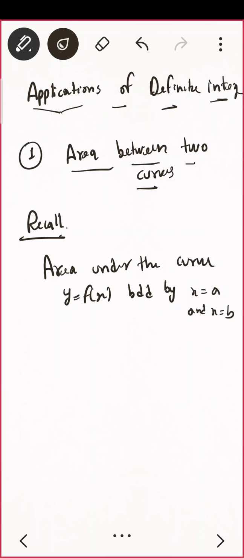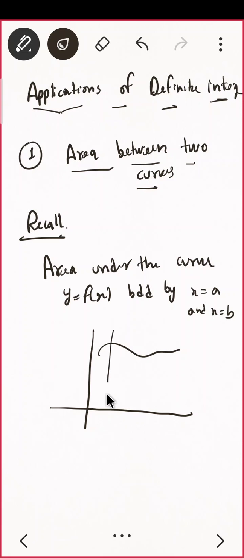Area under the curve bounded by x equal to a and x equal to b. Graphically, can you tell me? y equal to f of x is something like this. Correct? What do you mean by area under the curve? From a to b, no?